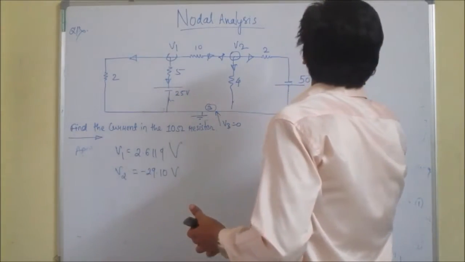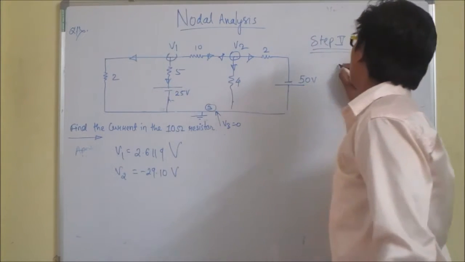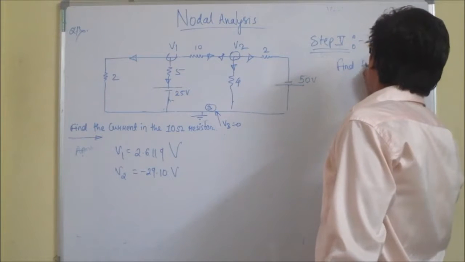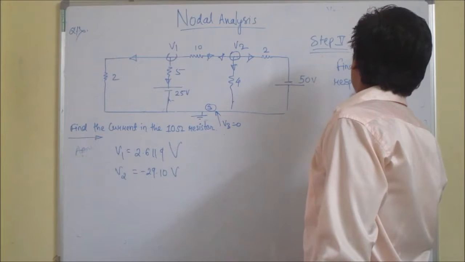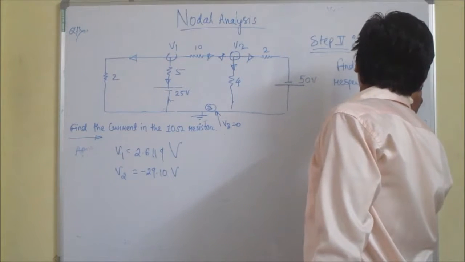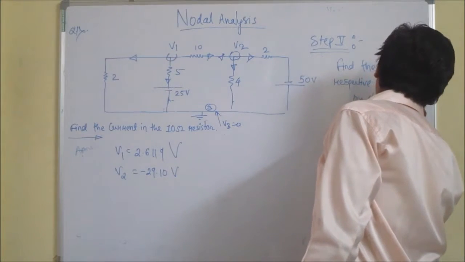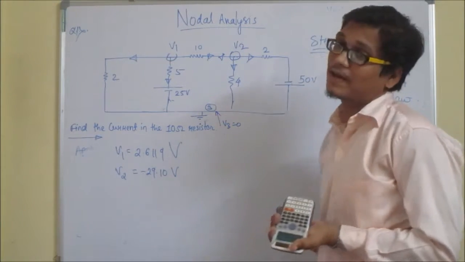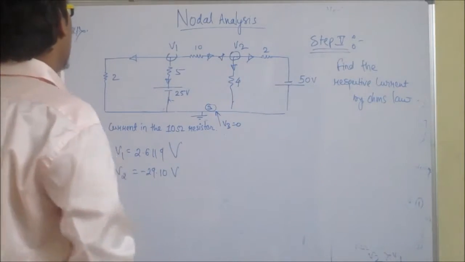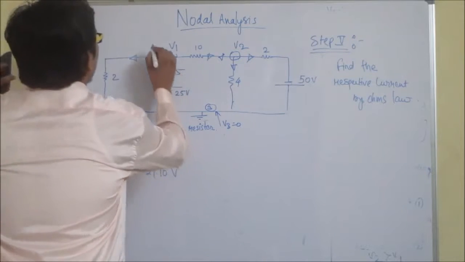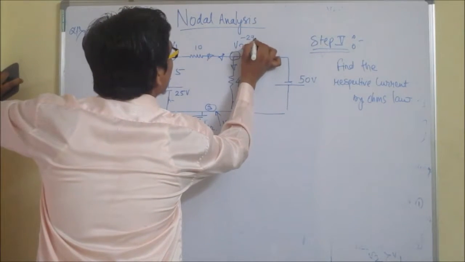Step 5 now is to find the respective currents by Ohm's law. What is Ohm's law? V is equal to IR. So we have these nodal voltages, 2.6 and minus 20.